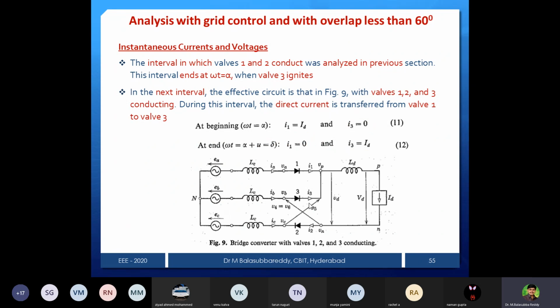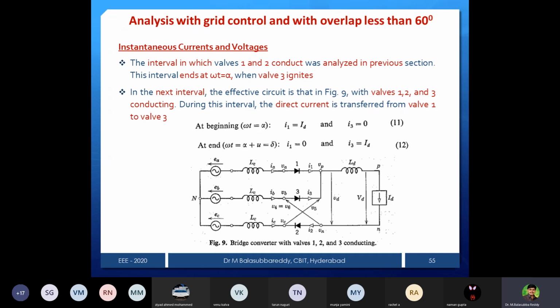Now this is the equivalent circuit. The earlier equivalent circuit and this equivalent circuit are slightly different. In valve 3 earlier I made it open, so there was no current. But now valve 3 is also conducting. This diagram is only during overlap.